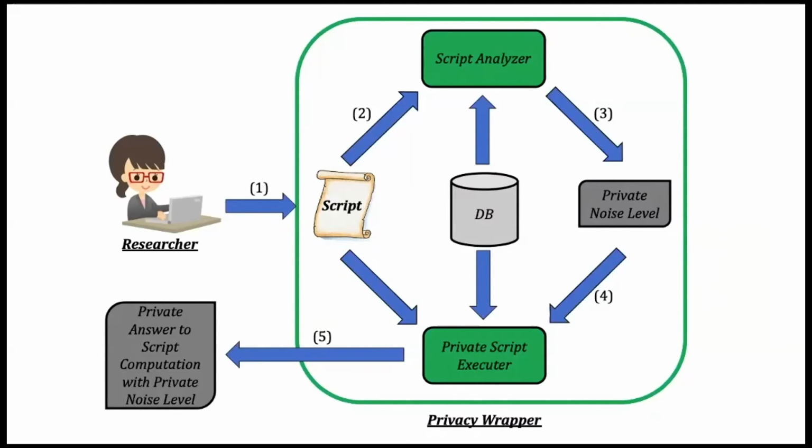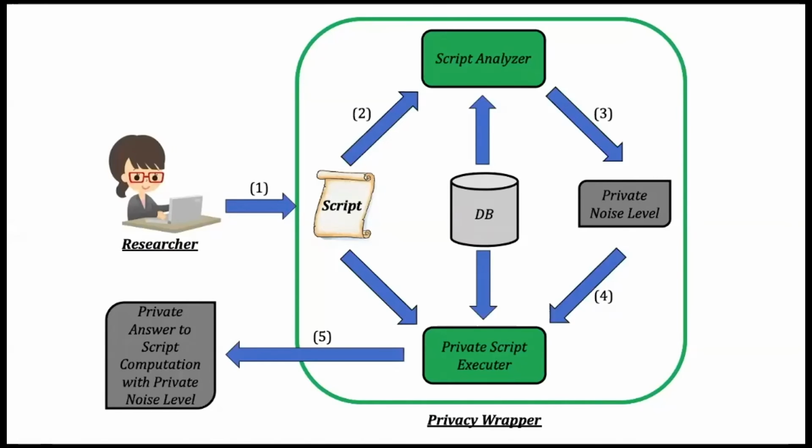Now, this is what we want to do with the privacy wrapper, and there are a few points worth mentioning here. The privacy wrapper actually has to utilize noise, because otherwise particulars of an individual could be leaked through the output. A second thing that's worth pointing out is that the privacy wrapper must have a privacy guarantee that's probabilistic. What we mean by that is that differential privacy won't work in this case for our privacy guarantee.